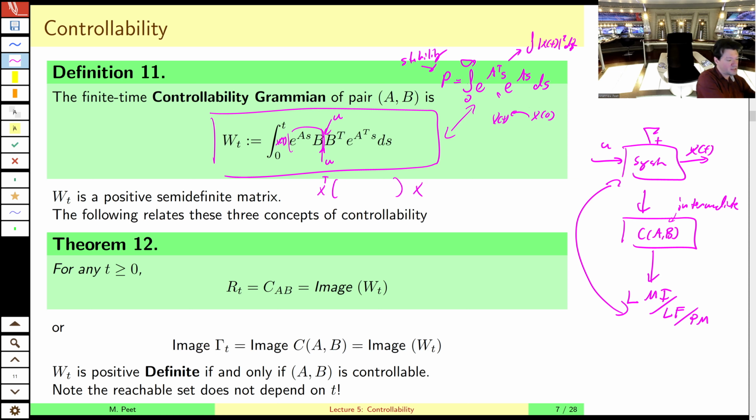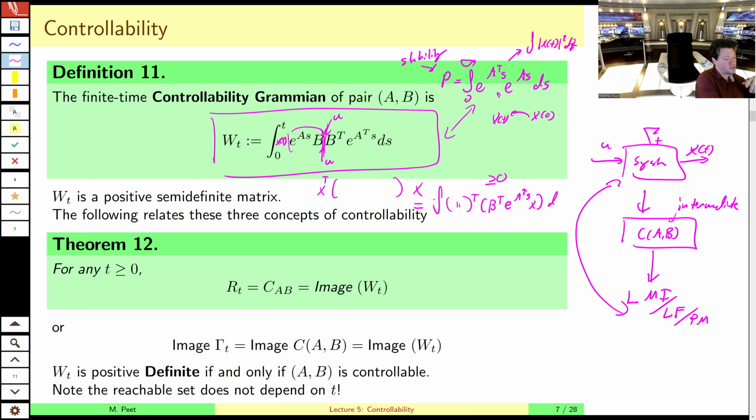It's symmetric here, so this becomes something transpose, b transpose e to the a transpose s x. And then it's the same thing on the other side, so it's a square, and a square is positive semi-definite. So we integrate something which is positive semi-definite. It's always positive semi-definite.